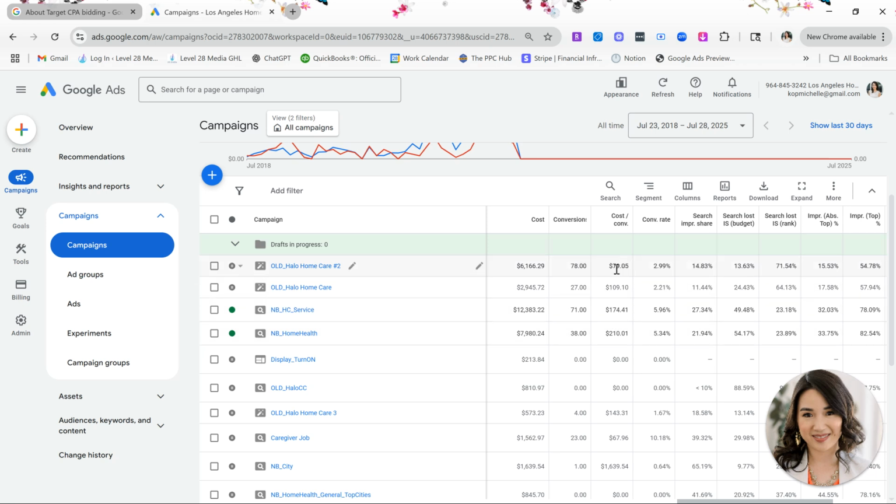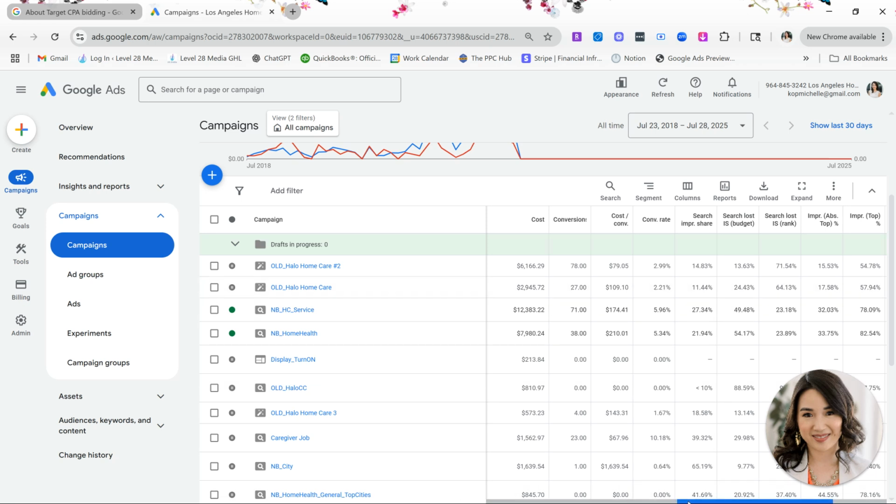My recommendation is usually to start with the average cost per conversion or cost per acquisition over a 90-day period, because you want to use numbers that are already achievable with Google. You don't want to just see this number and then cut it in half, because that is not achievable, has not been achieved yet. So you want to look at historical numbers and use this as a starting point.